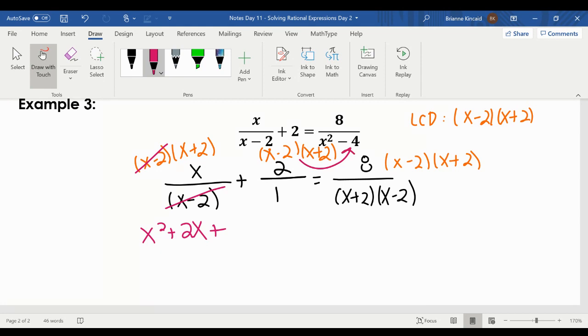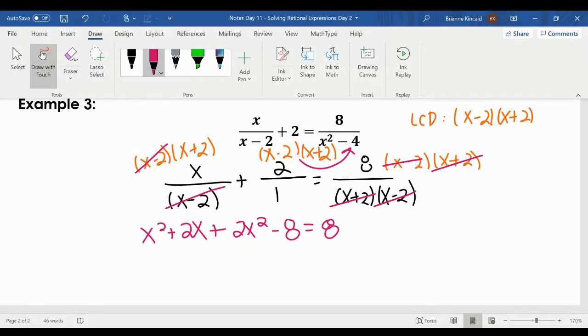So I'm basically multiplying 2 times x squared minus 4, which is going to give us 2x squared minus 8. And then the last fraction, x minus 2 is going to cancel, x plus 2 is going to cancel. You're not multiplying this by anything. So equals 8.